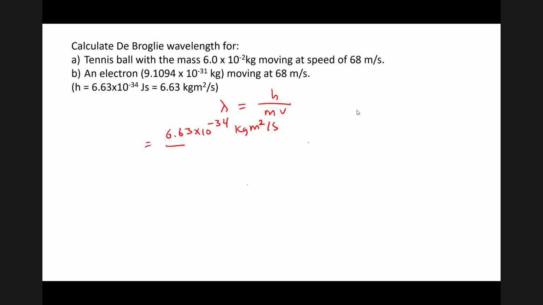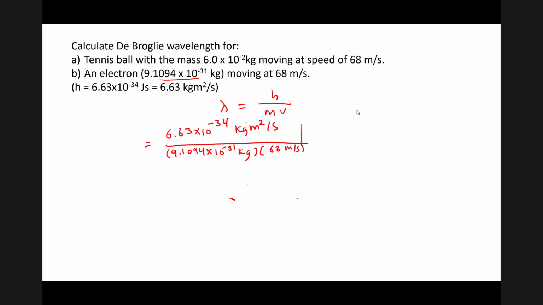And we divide this by the mass of the electron, which is given right here, to equal 9.1094 times 10 to negative 31 kilogram, multiplied by the velocity, which is 68 meter per second. Just to make sure that this calculation is set up correctly, let's see if the units are going to cancel out.